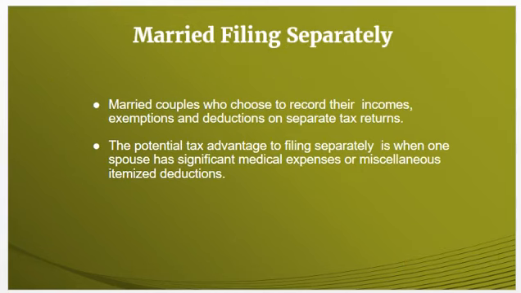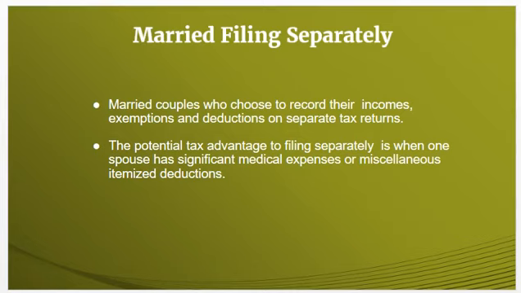And so then we have the married filing separately status. If you are married filing separately, that removes that liability from the entire amount of tax owed. You would only be responsible for your amount of tax owed as a separate taxpayer.